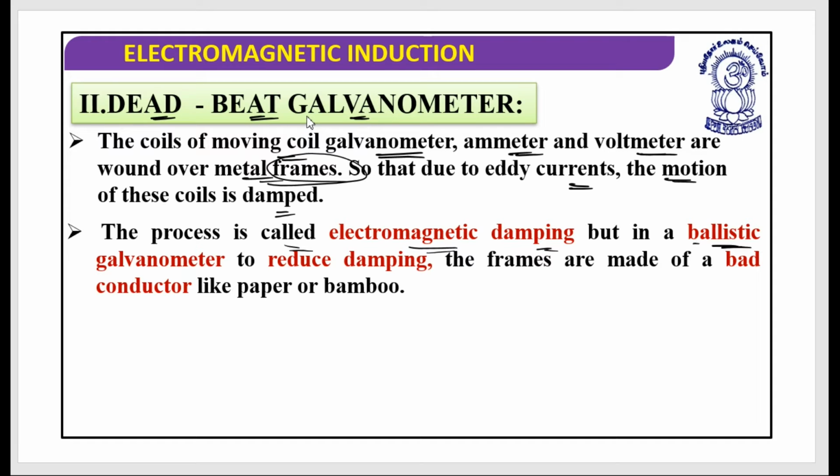But in a ballistic galvanometer, to reduce the damping, the frames are made of bad conductors. Why bad conductors? Because bad conductors do not allow current to flow, so no eddy current would be there. As a bad conductor, we can use paper or bamboo as well. These are very bad conductors; they are not supposed to conduct any current within them.